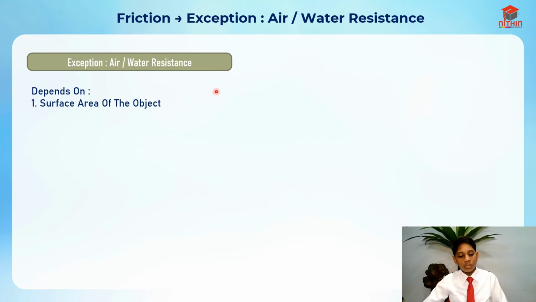This is where friction actually depends on the surface area of the object. Air resistance, resistance basically means friction. So this is the only exception where the surface area of the object determines the amount of friction between the air and the object.